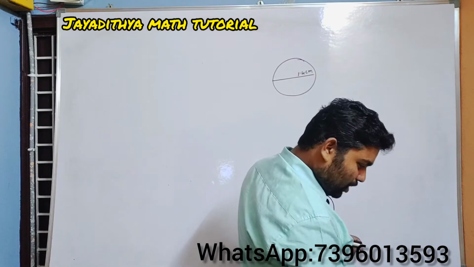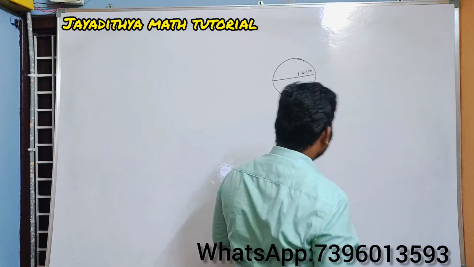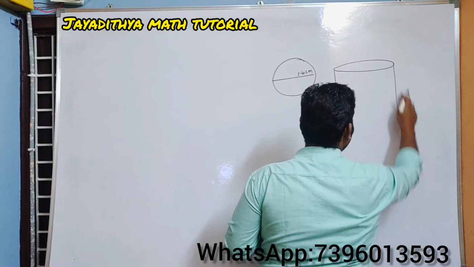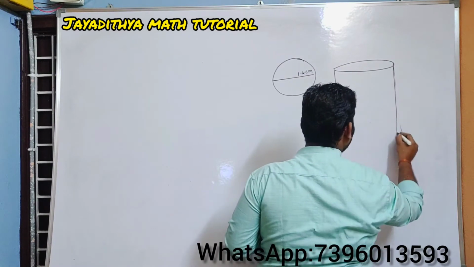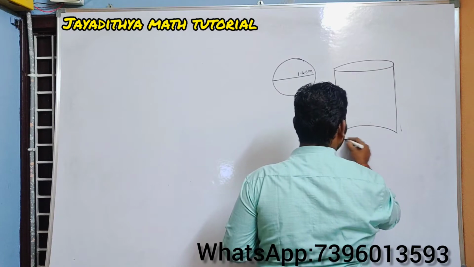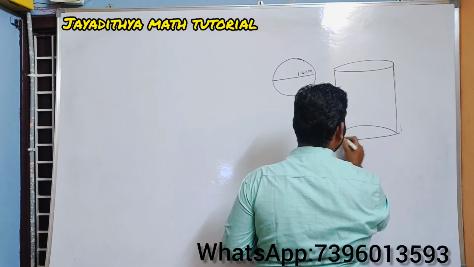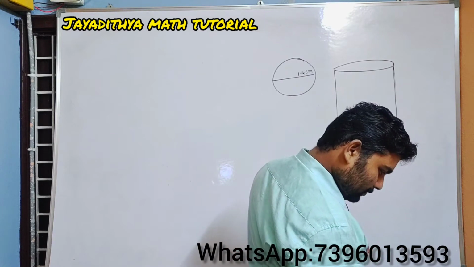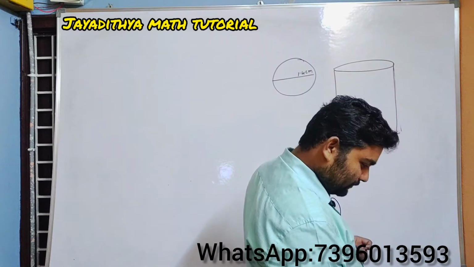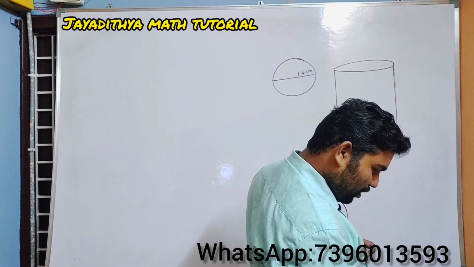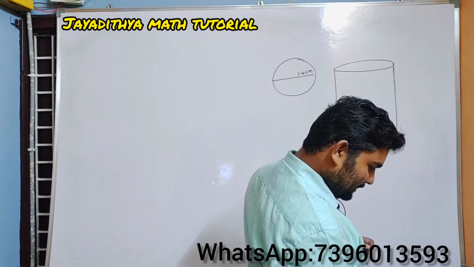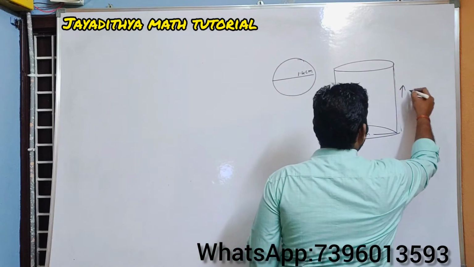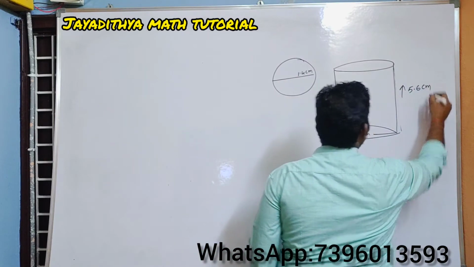They are dropped into a cylindrical beaker of diameter again 7 centimeters, which contains some water. Find the number of marbles that should be dropped into the beaker so that the water level rises by 5.6 centimeters. The rise in water level, he is telling, is 5.6 centimeters.